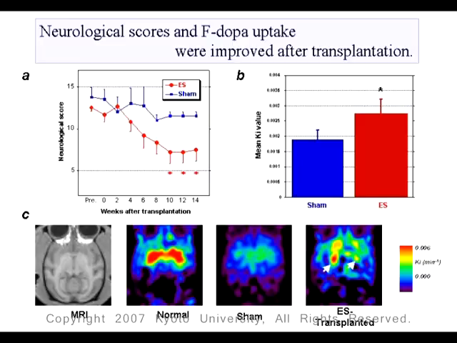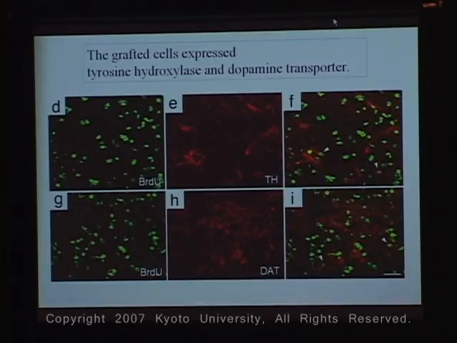At that point, we performed the PET study for fluorodopa. This is the normal monkey, and this is the sham-operated monkey with medium only. These are the monkeys with ESCs transplanted. This hot point shows that the grafted cells survived and functioned as dopaminergic neurons in the brain. After that, we sacrificed the monkeys and immunostained the brain slices.